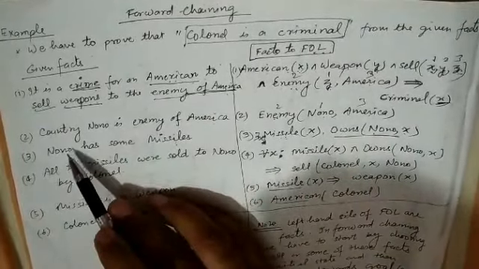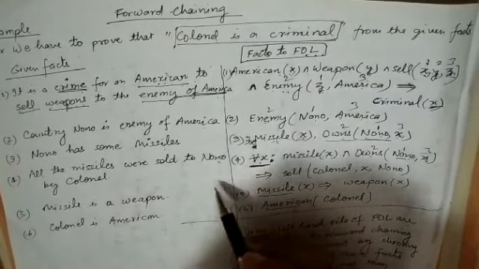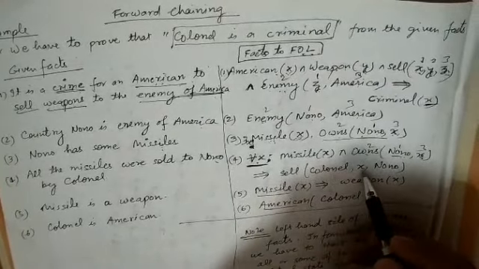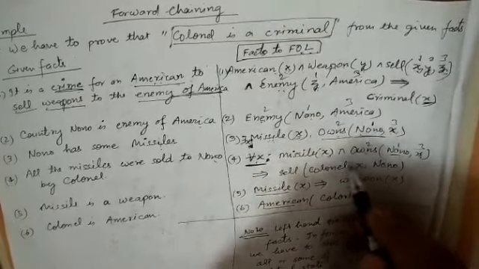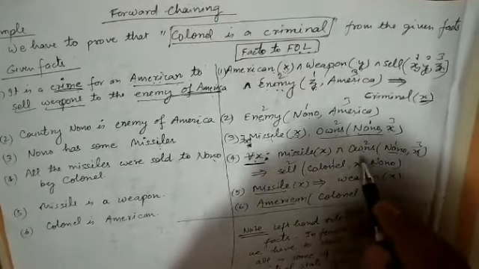For all missiles X, which have been sold to Nono by Colonel: if X is a missile and X is owned by Nono, then it is sold by Colonel to Nono. So Sells has 1, 2, 3 and 4 parameters: Colonel sells X to Nono.